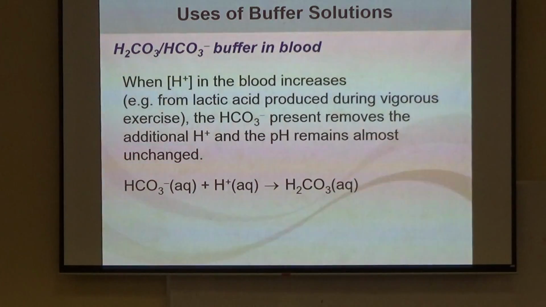The HCO3 minus removes additional H plus, and therefore the pH remains unchanged. Now, I think this part is not so much in your syllabus, but I think you would like to understand this. Why is it so important that this occurs?